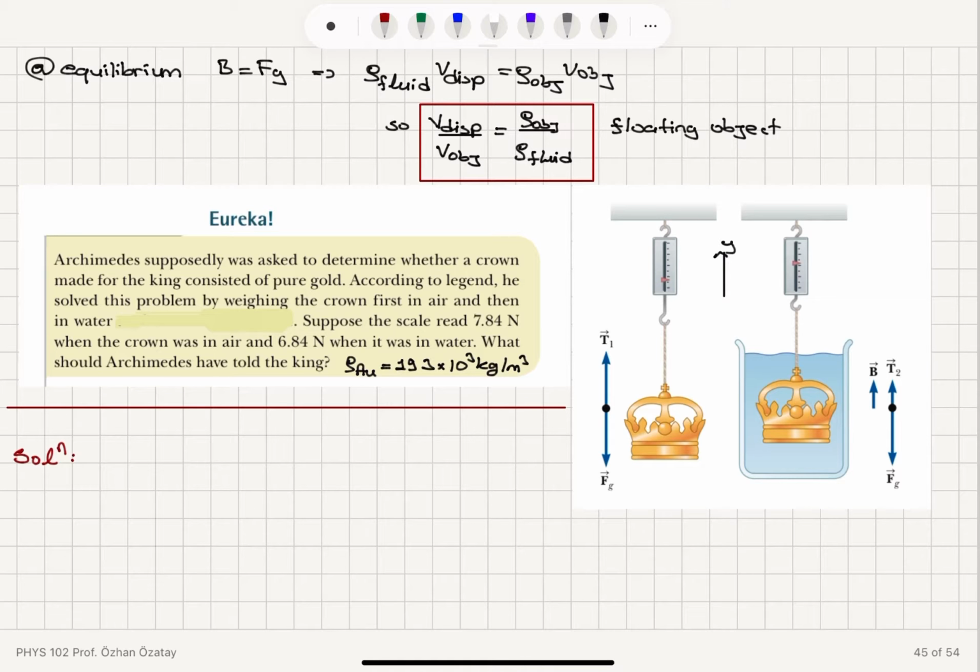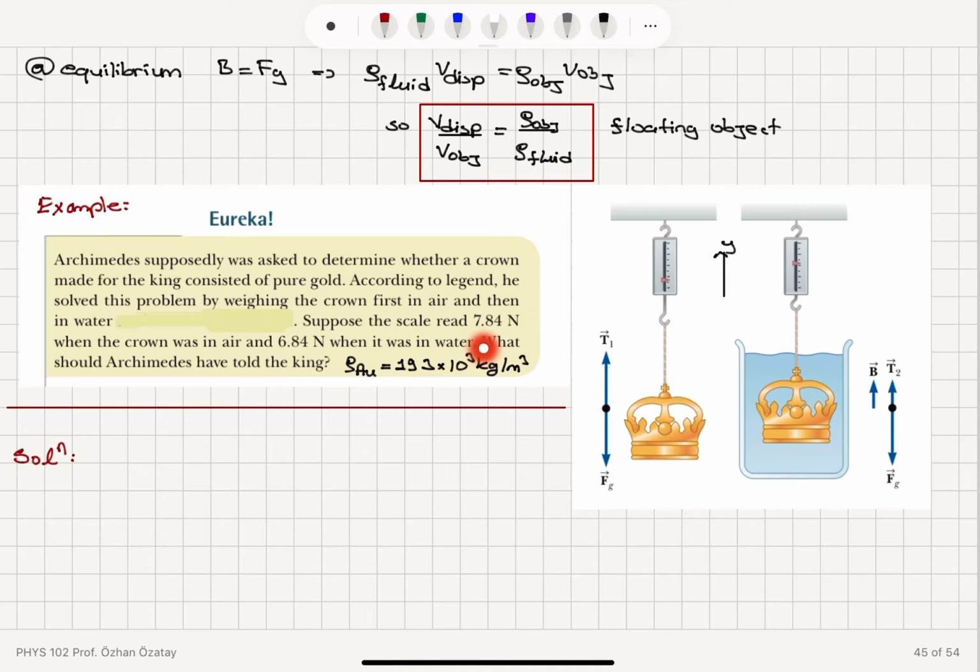Okay, let's look at an example. So here is an example. Eureka! Archimedes supposedly was asked to determine whether a crown made for the king consisted of pure gold. According to legend, he solved this problem by weighing the crown first in air and then in water.